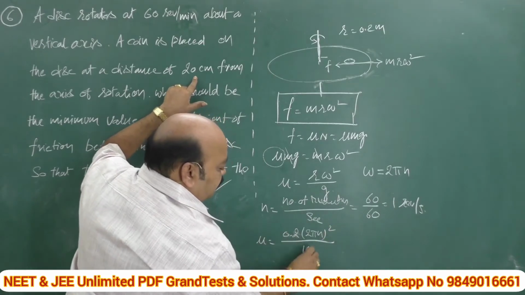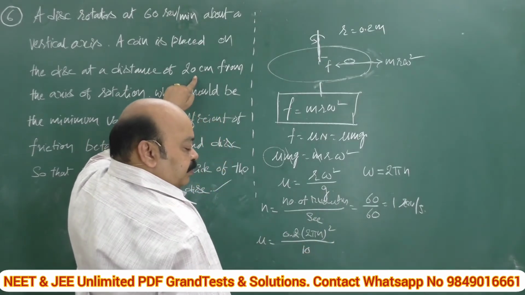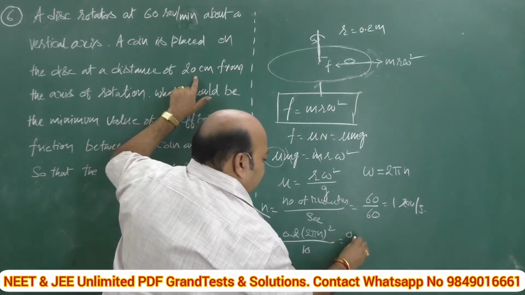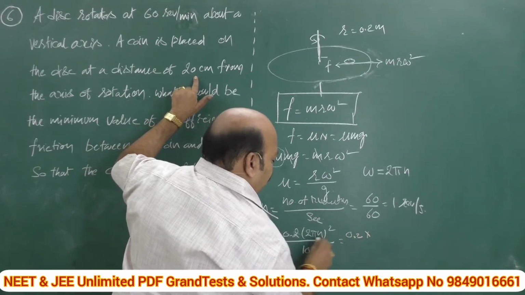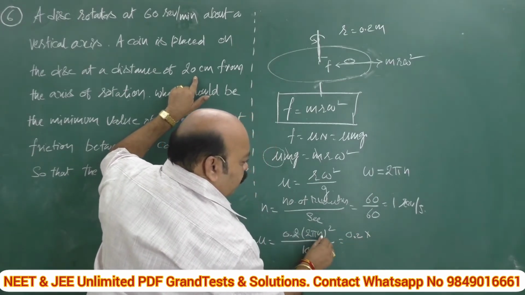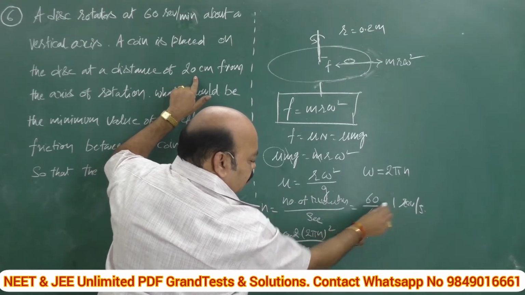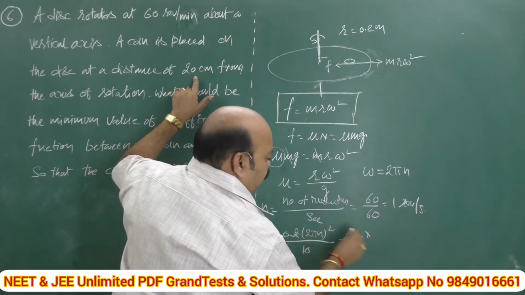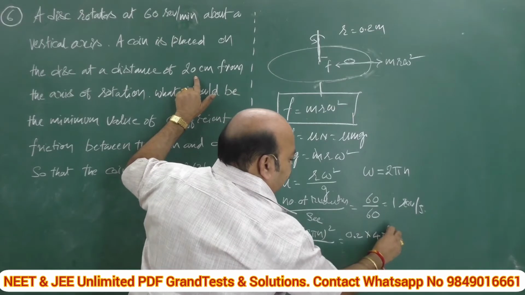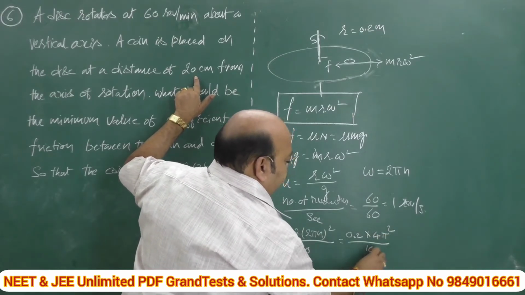What is the value of g? Simply it is nothing but 10. So 0.2 into 2 pi into n, which is 1.